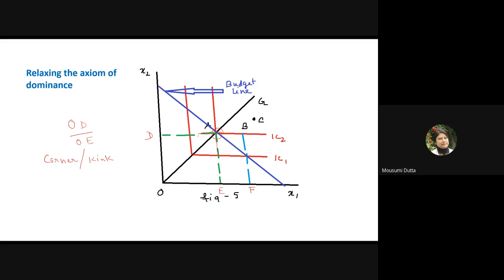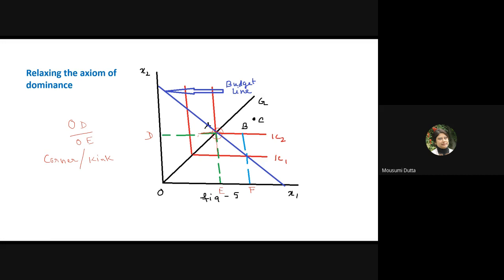Okay, so everywhere else it is either 0 or infinity. MRS is not well defined. For any kink, as you know, if it is not a smooth continuous curve, we will not be able to define the slope of a curve.